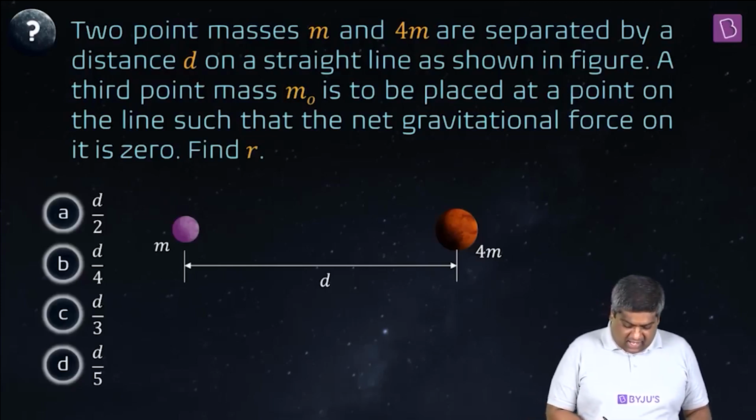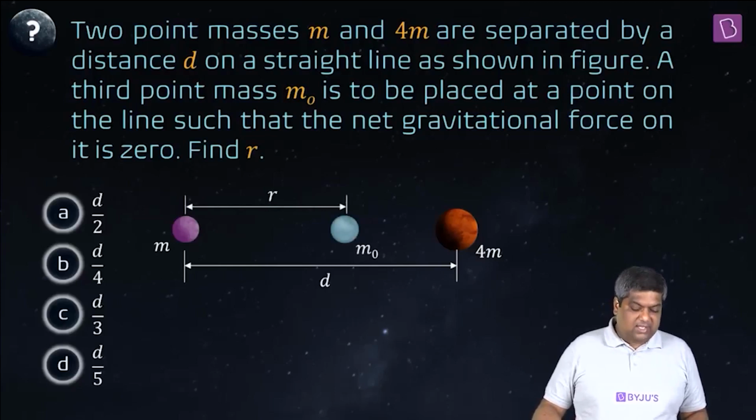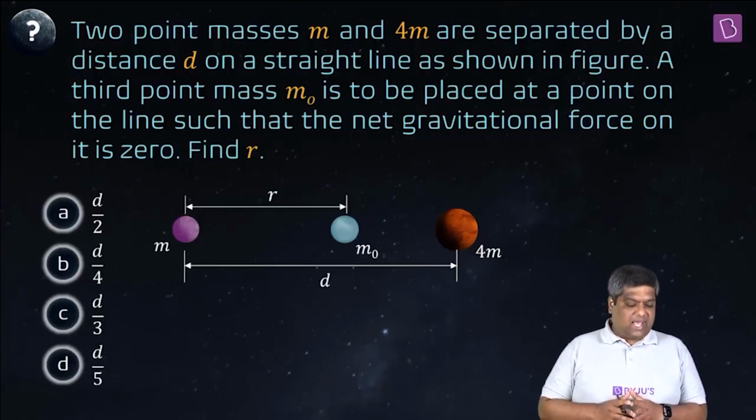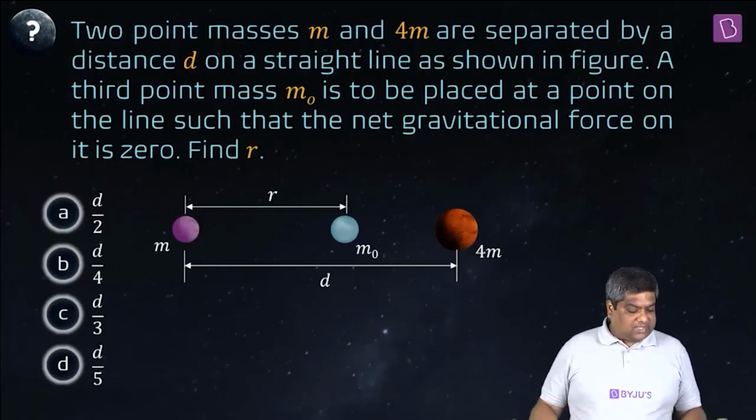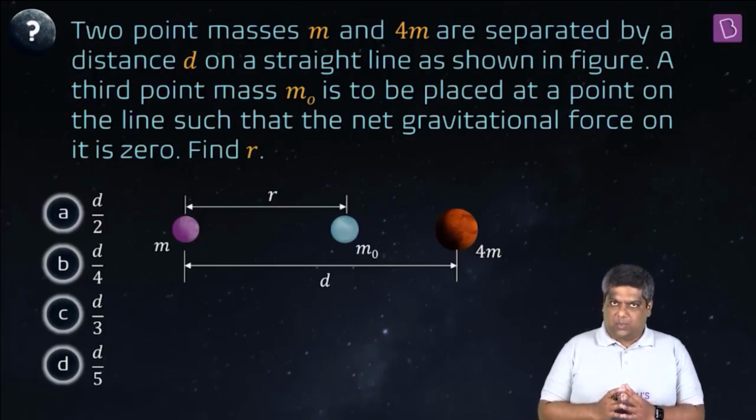Find r, where r is the distance from the third mass that you keep along the line joining the first two, and the distance r is from m and not 4m according to the diagram. The problem asks us to find the value of r. The options are d by 2, d by 4, d by 3 and d by 5. These are the 4 options. Let's see which one of them turns out to be the correct one.